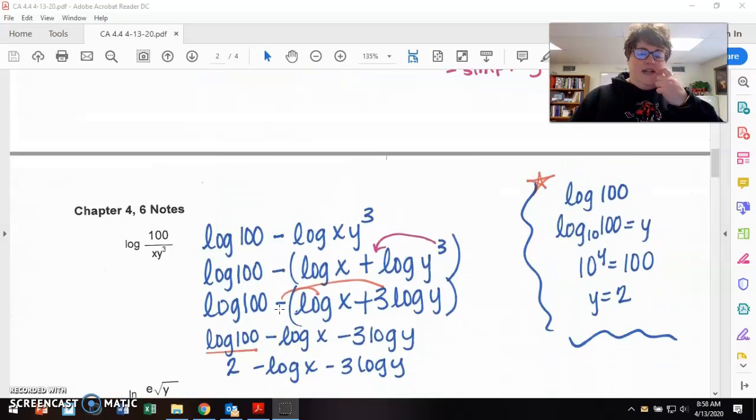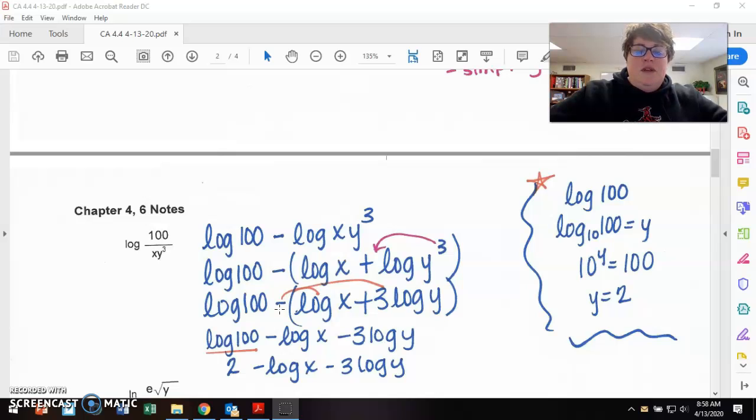So I've tried off to the side to put some helpful hints. The first one, a log of, and again, if there's not a base, it's an understood base 10. So log of 100 divided by x times y cubed. I first want to do subtraction. So division to subtraction: log of the top minus log of the bottom.